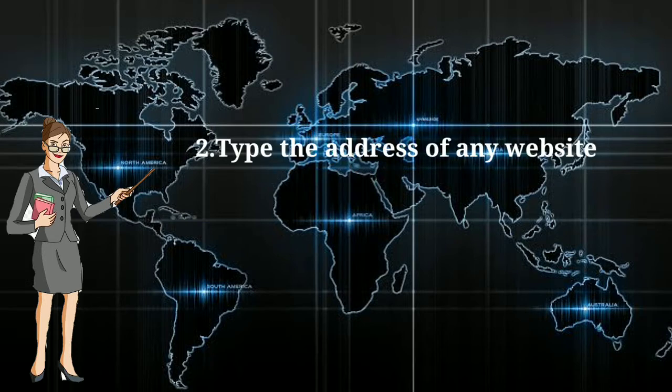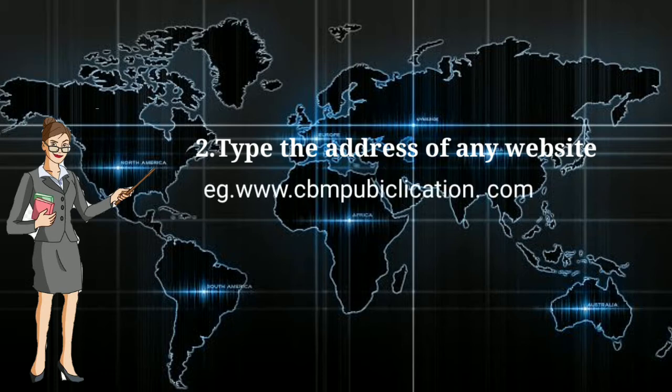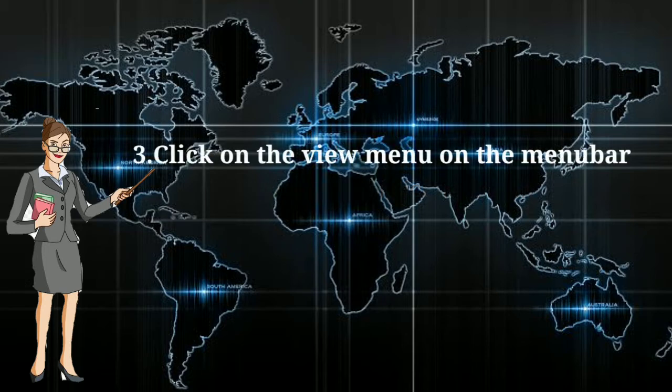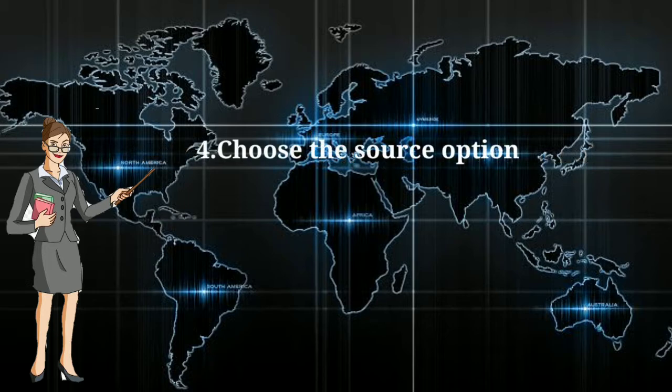Second, type the address of any website, for example www.cbmpublications.com. Third, click on the View menu on the menu bar. Fourth, choose the source option. A window displaying the HTML code used for creating the web page opens up.